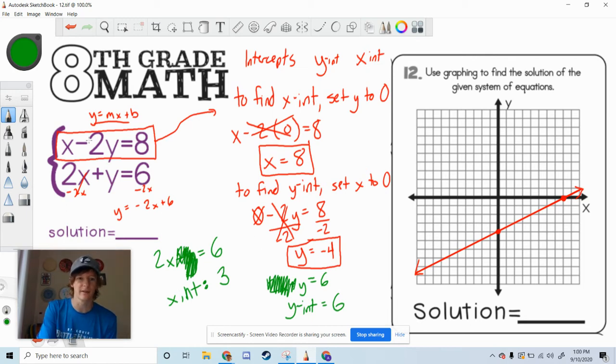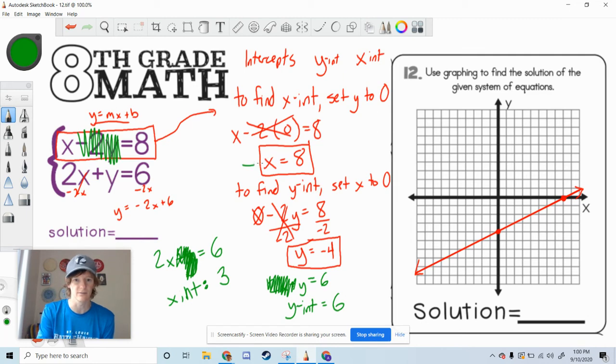When they're in this form, where there's an x and y, and then just a number on the right side, I truly feel like that's a really, really fast way. If I want to show you that same way on this top one, without showing all this work, we would just cover this up. To find the x, I don't need the negative 2 and y, because y times negative 2 is 0.